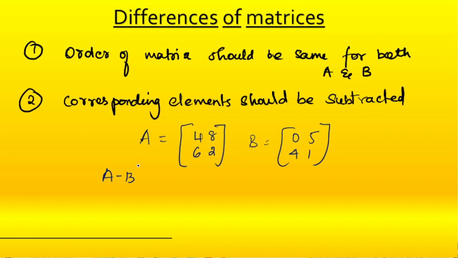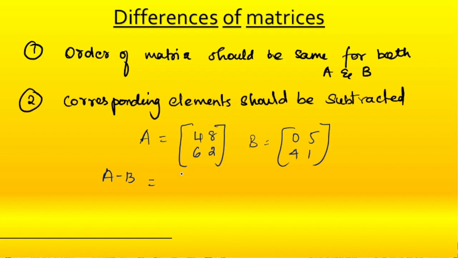But when you are going to subtract, be careful whether they have given A minus B or B minus A. If they have given B minus A, from B you have to subtract A, that is, from the elements of B you have to subtract the elements of A. A minus B means from A you have to subtract B. Keep that in your mind, because the answer will not be the same in subtraction, that is, in the difference of matrices. In addition of matrices it is not going to be a problem. So be very clear with that.